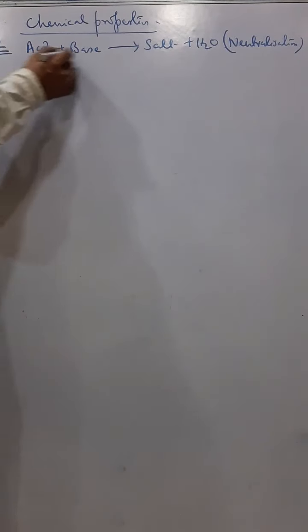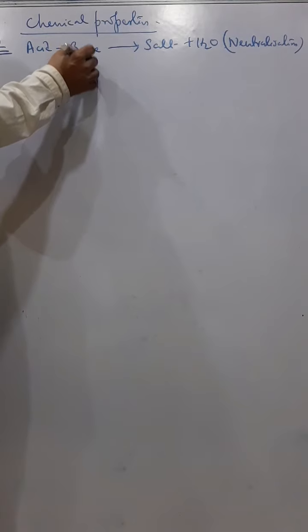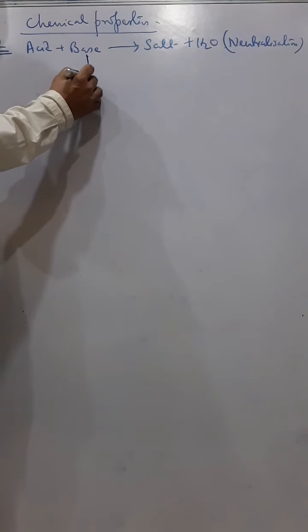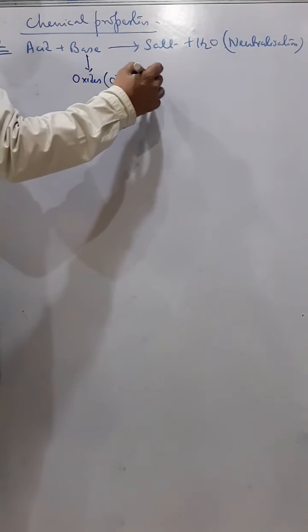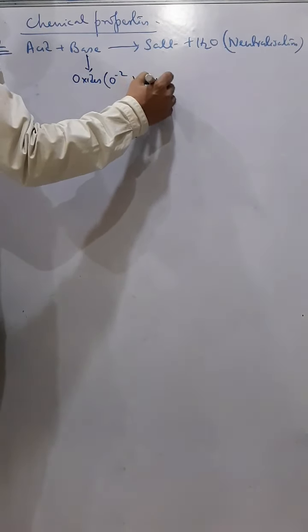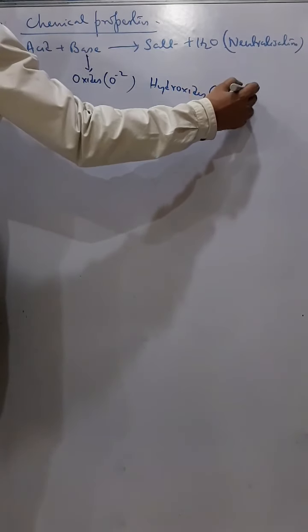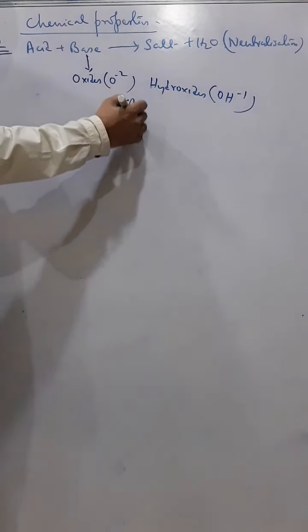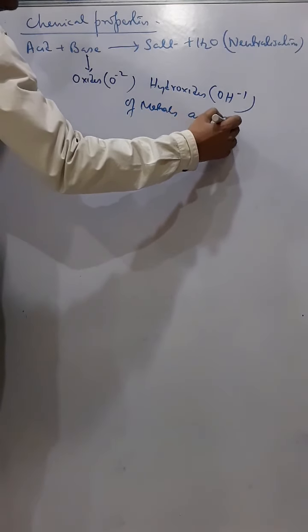Next, acid plus base reacts to give salt and water, and this is called a neutralization reaction. Now, what are bases? Bases are oxides, where the valency is O-2, and hydroxides of metals, and ammonium hydroxide is also a base.